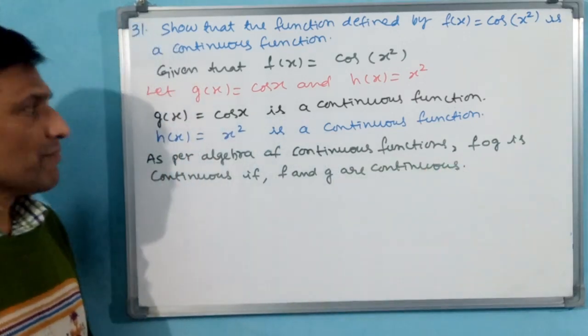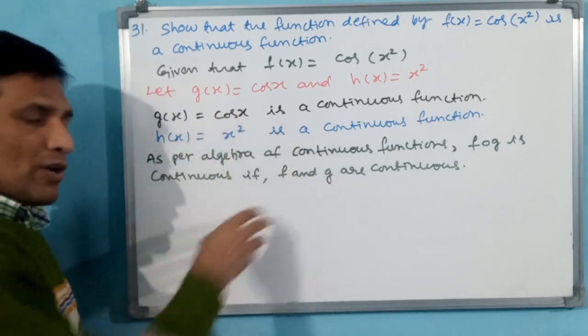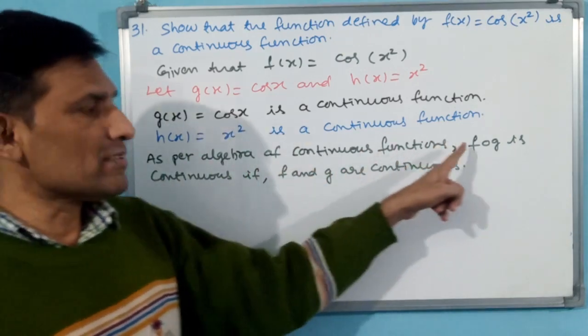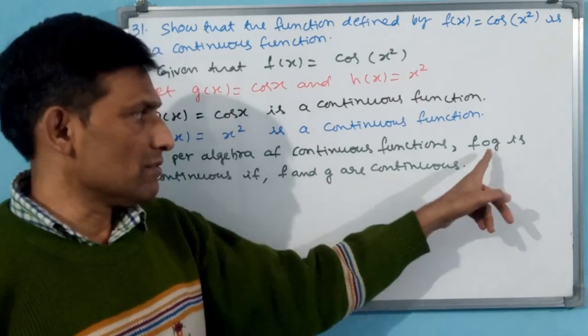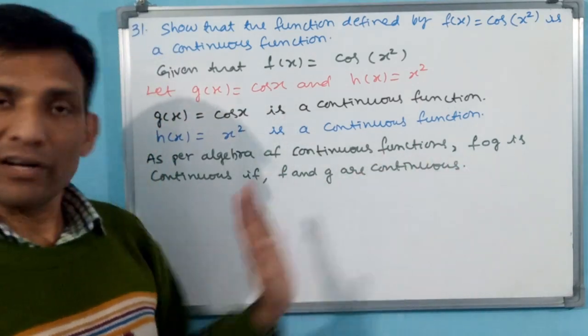Here we have taken h of x, but here we have written f of g. Why? Because when you write one statement, you have to write the standard procedure. f of g, first f then g. f of g is continuous if f and g are continuous.